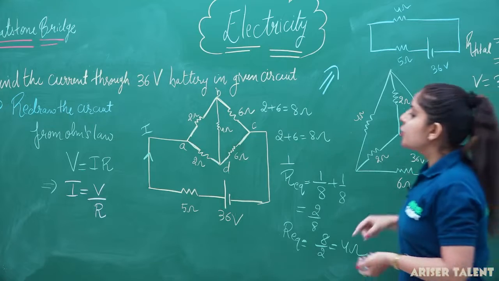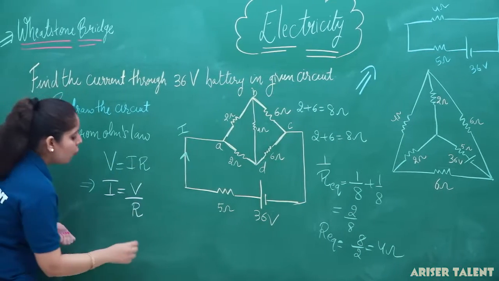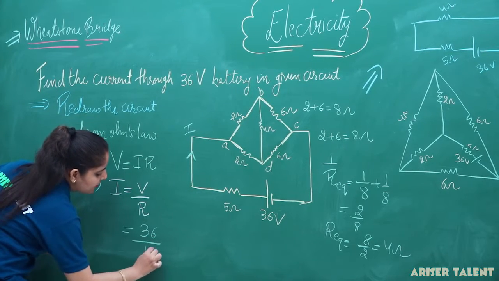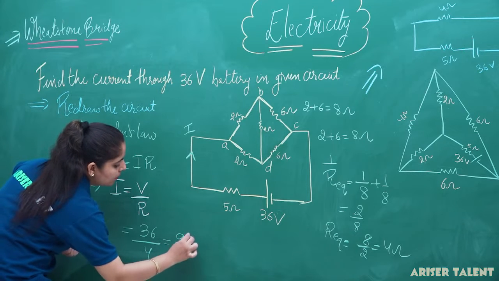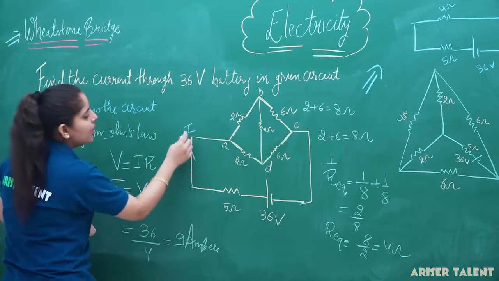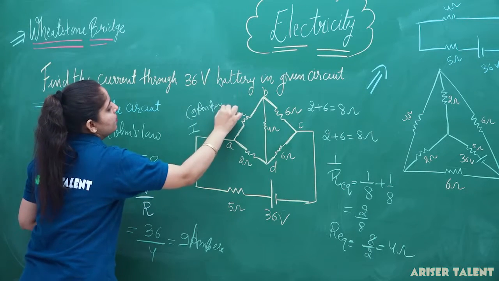So on substituting these values in Ohm's law, voltage is 36 and resistance is 9 ohm. So 36 divided by 9 will give you 4 ampere current. So the current flowing in the circuit is equal to 4 ampere.